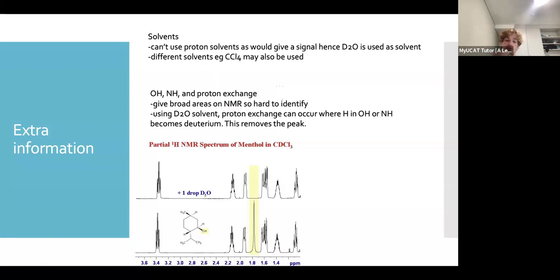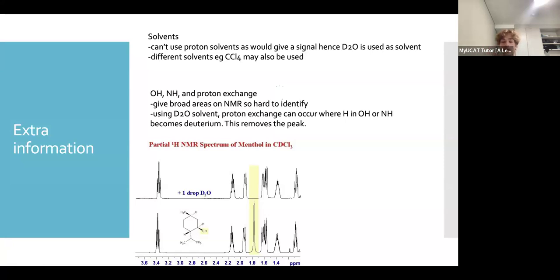There's basically a principle called proton exchange. What proton exchange is, is that if you have molecules that have an OH group, so an alcohol, or an NH, so an amine group on them, there is a property that if you dissolve them in D2O, their proton basically gets switched out for a deuterium.